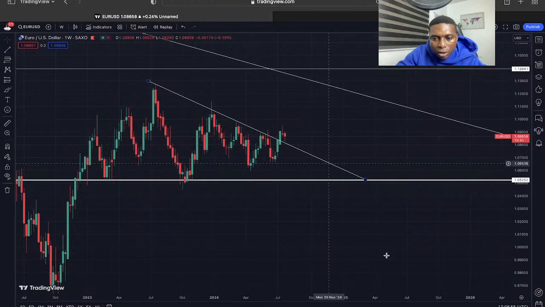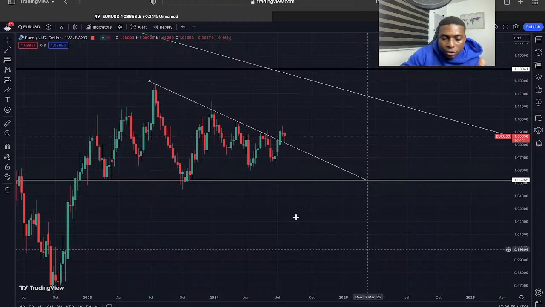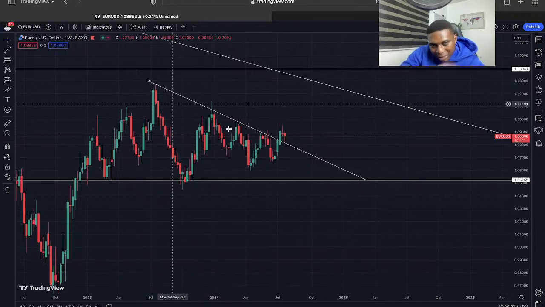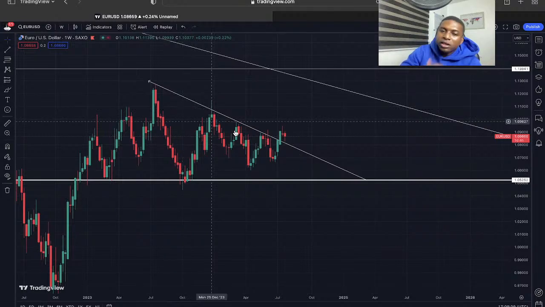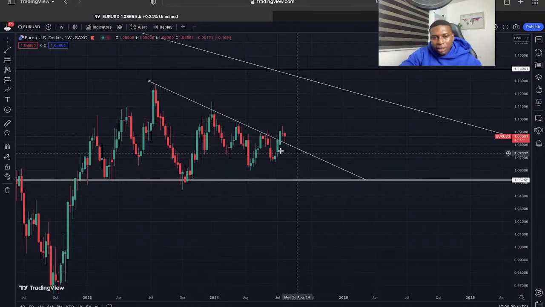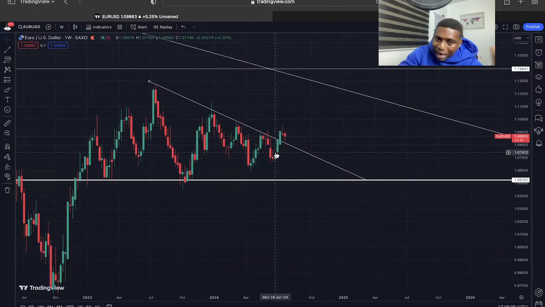What should now call for question is that the trend line along the higher low has now been broken.